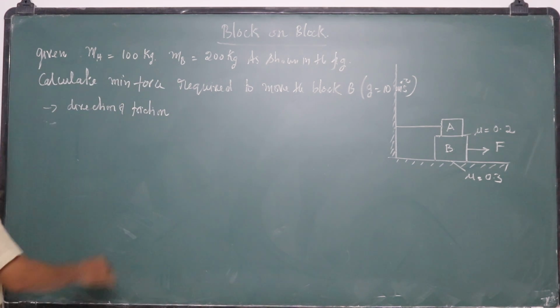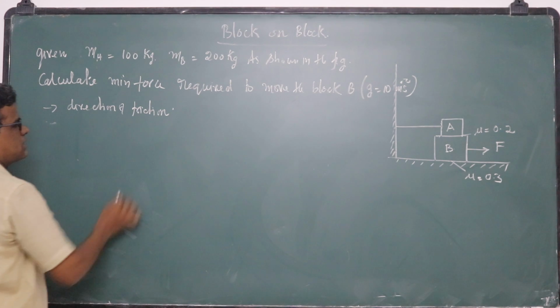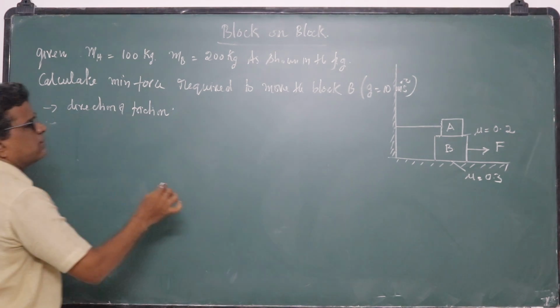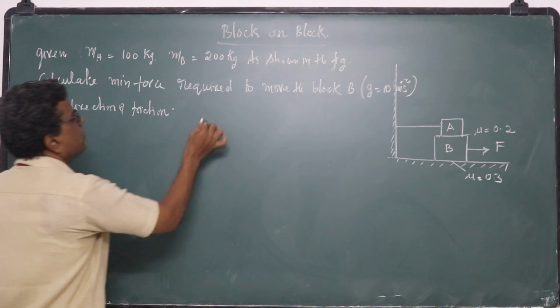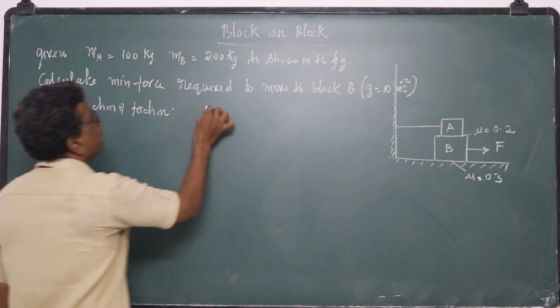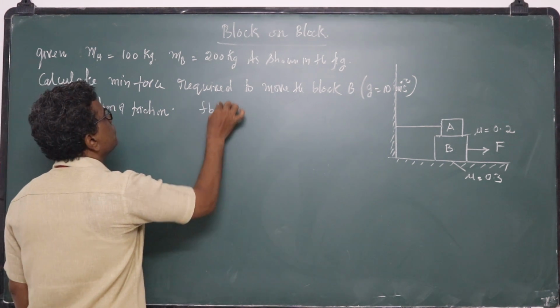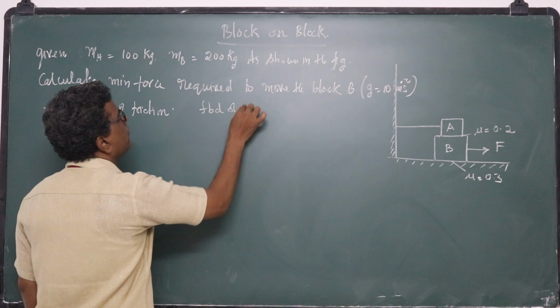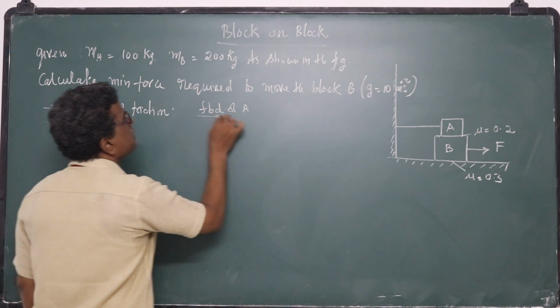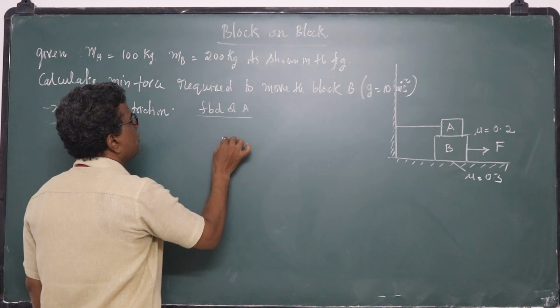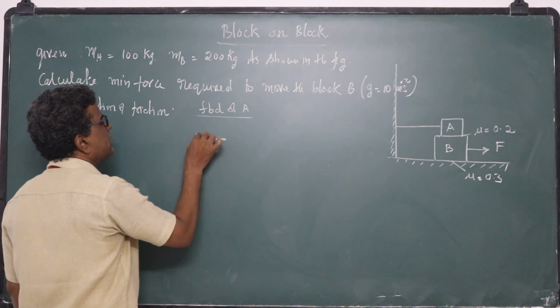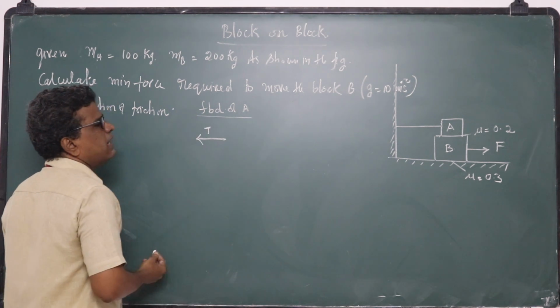So first you find the direction of friction. Block A, FBD of A. What are the forces acting on it? Tension in the string, it will be like this.